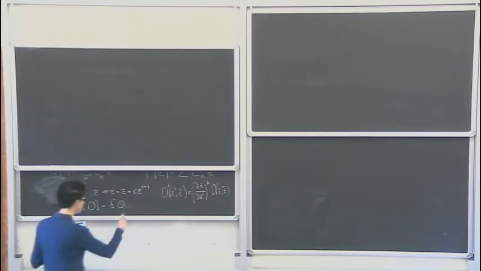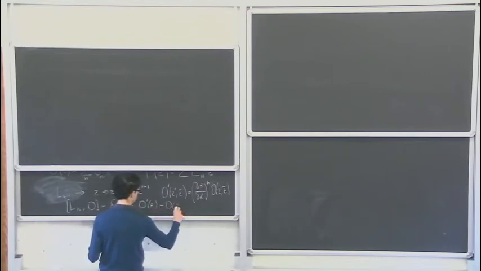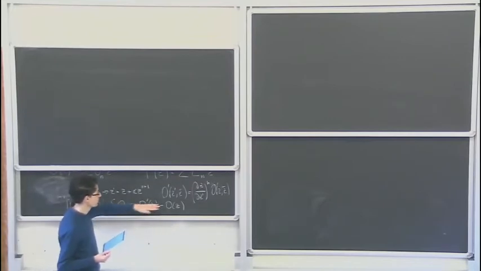And this variation is nothing else than O prime in z minus O in z. Right? So this is what we want to check. If this is true, then Ln is indeed the generator of a transformation that is the infinitesimal version of that.